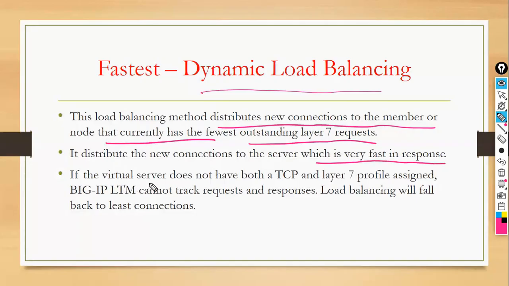If the virtual server does not have both the TCP and layer 7 profile assigned, the LTM cannot track the request and response, and load balancing will fall back to least connection. So we will see where we can apply this TCP and layer 7 profile in the virtual server.